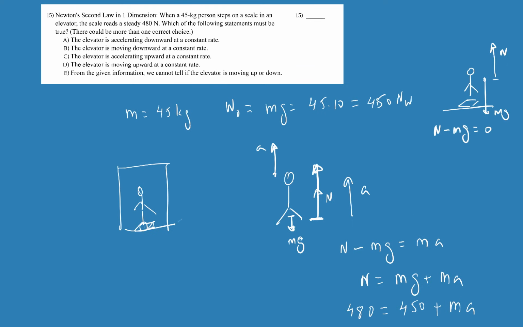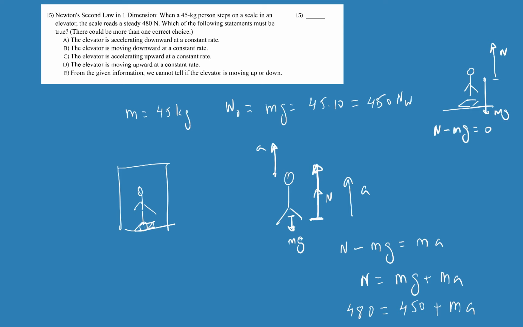Okay, we have a person whose mass is 45 kilograms. If he is stepping on a scale, the scale will measure the normal force. And what is the normal force?